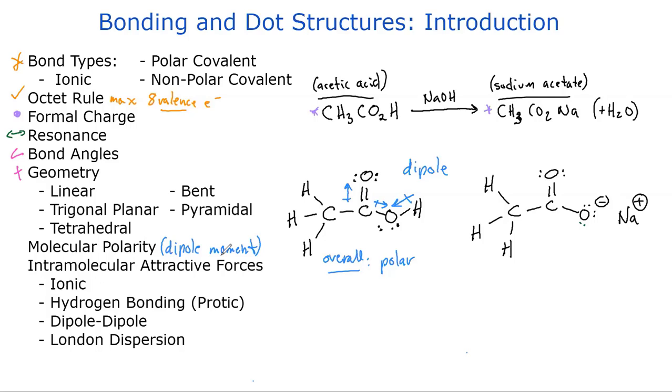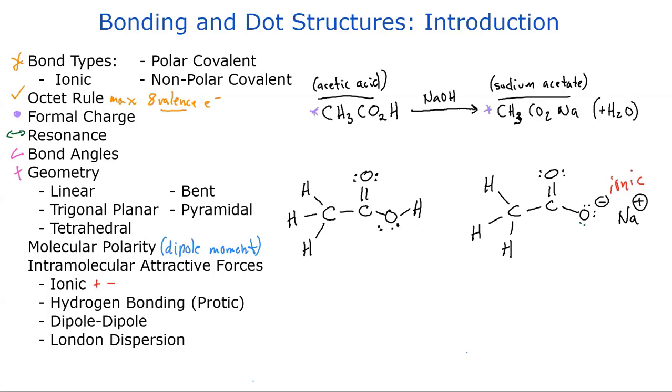And we can use this idea to talk about different attractive forces. Now, in terms of intramolecular attractive forces, ionic, of course, is simply the attraction between two opposite charges. So we see that here.